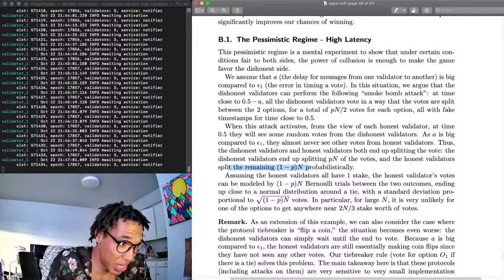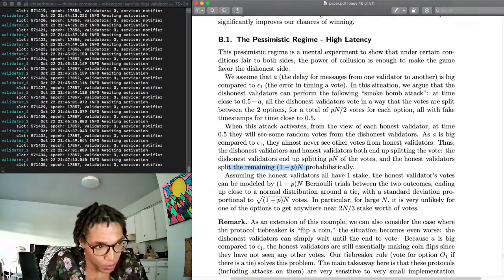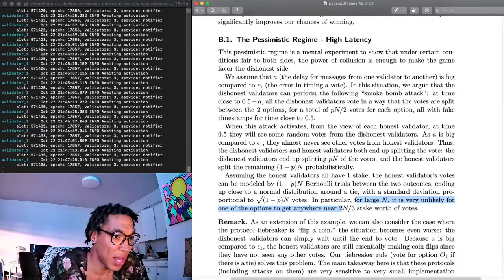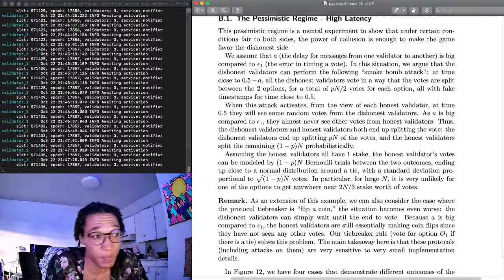With a standard deviation proportional to the square root of (1 minus p) n votes. In particular, for a large n, it is very unlikely for one of the options to get anywhere near 2n over 3 stake worth of votes.